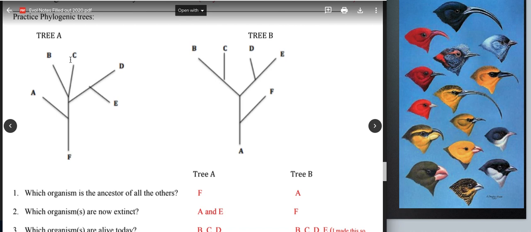Well, they both have the letter B, or species B. So I'm just going to start with B. I'm going to take my cursor and go back, and this is the first branch I come to. So whatever species is at this branch is the answer, and that is species C. So B and C branched off right here, so they're most closely related.